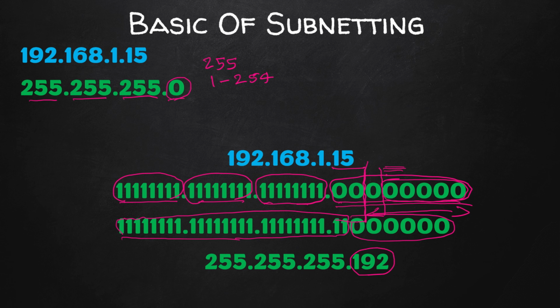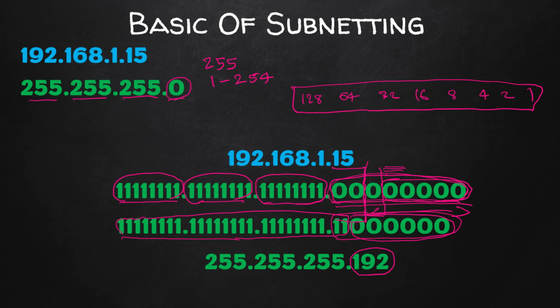And how did you get this 192 here? This was the last part of the subnet mask, which is the host part. And here you can see I have borrowed 2 bits from the host to the network. So when you write here in the decimal table, you can say 128, 64, 32, 16, 8, 4, 2, 1. This is my decimal table.